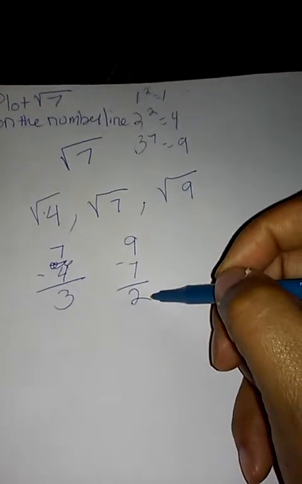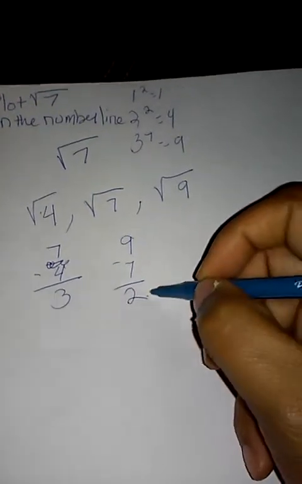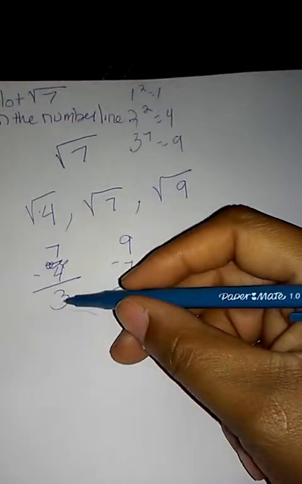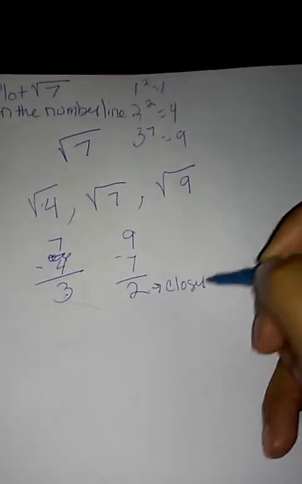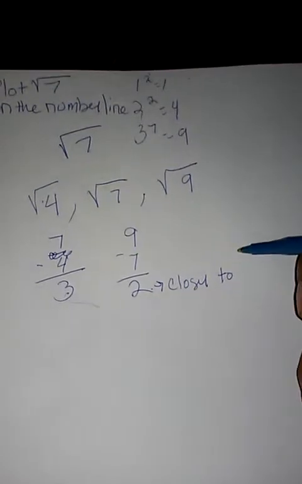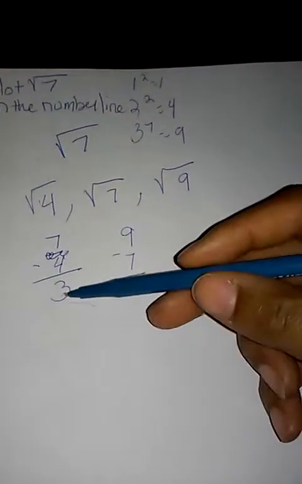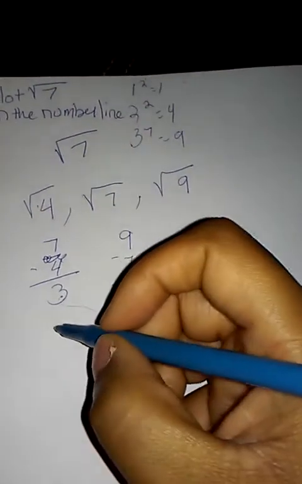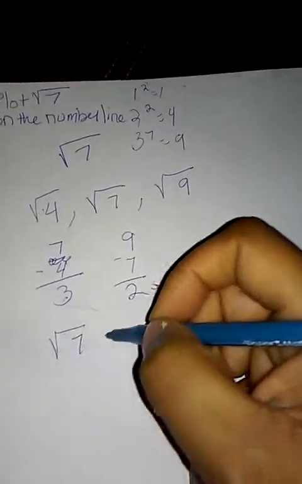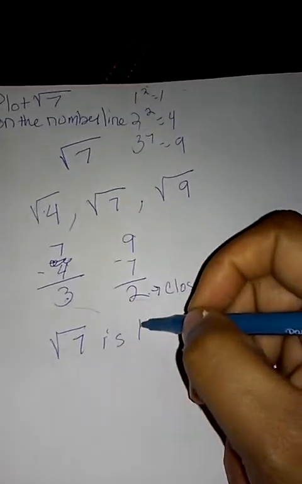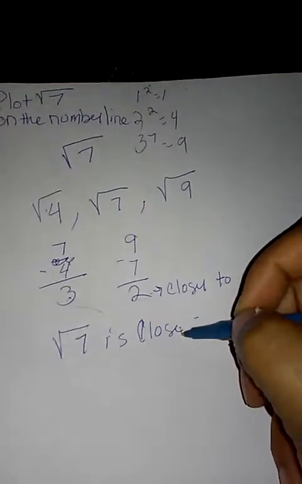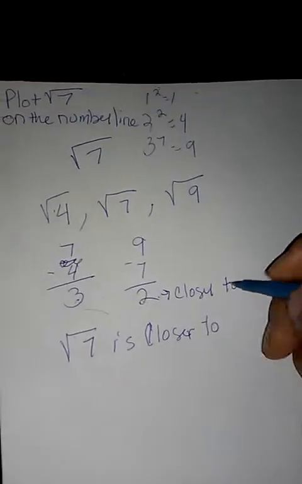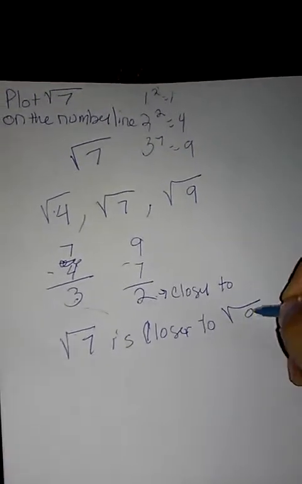Now 2 is smaller than 3. So since 2 is smaller than 3, this means that the square root of 7 is closer to the square root of 9.